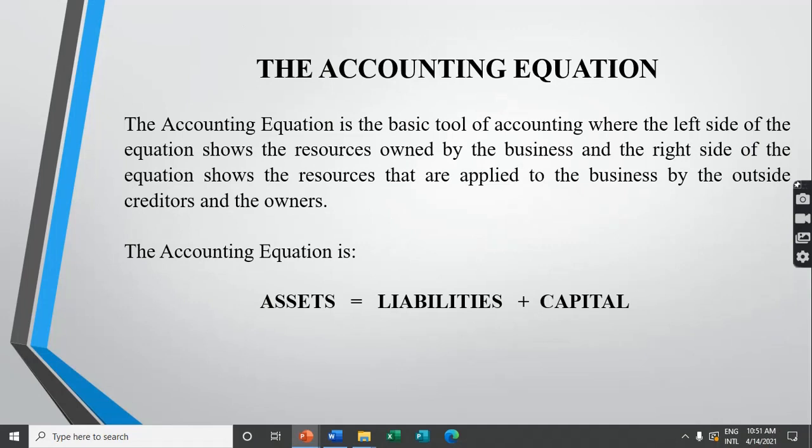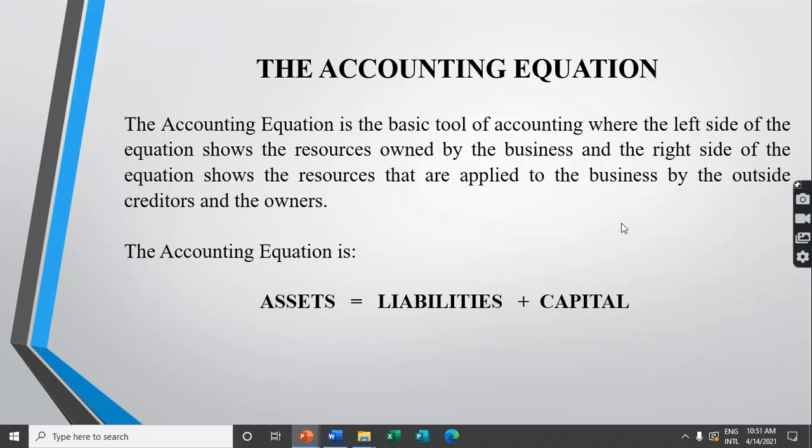The basic tool of accounting where the left side of the equation shows the resources owned by the business. Ano ba yung sinabi natin sa asset? This is your kayamanan or your resources sa business.